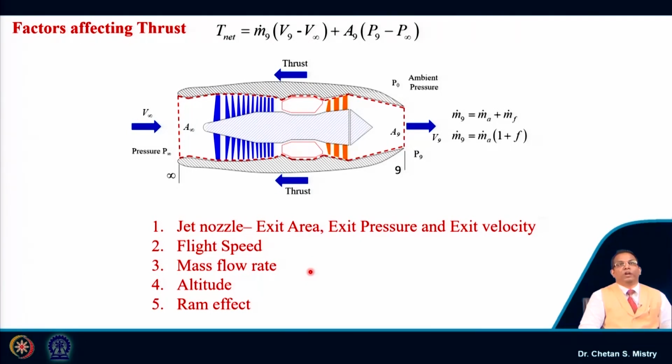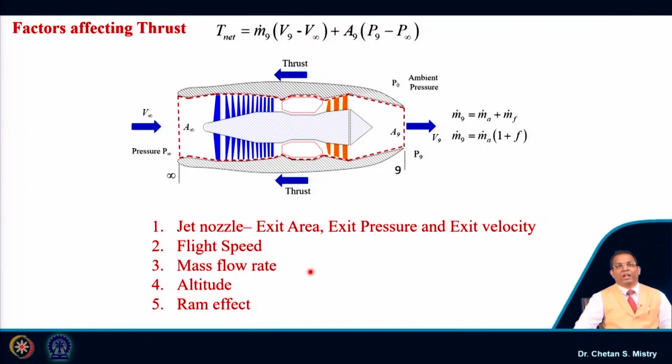Now, let us try to analyze in a separate way all the factors which are affecting the thrust. That is my jet nozzle in terms of exit area, exit pressure, exit velocity, flight speed, mass flow rate, altitude and ram effect.